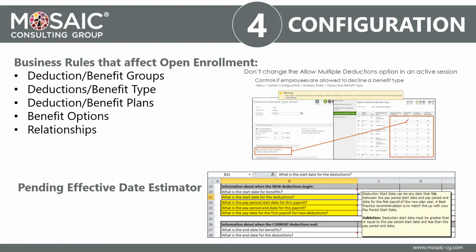Then on the detailed tab, it'll give you an actual range that you can use. So it'll tell you your minimum effective date is, I'm just going to throw out December 24th, and your maximum is January 2nd, whatever those dates happen to be. The estimator file will tell you all of the possible dates that you can use.